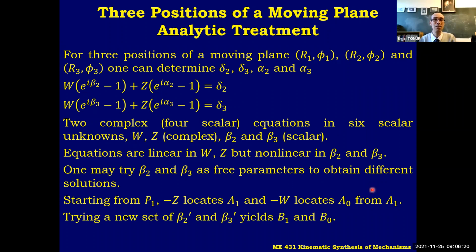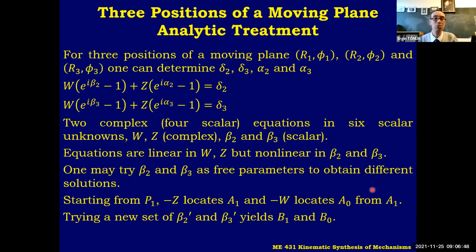It's just, if you like, the same picture, but you look at it through a different perspective and you obtain different free parameters, but the number of free parameters is the same. It's 4 in total, if you would like to design a 4-bar.